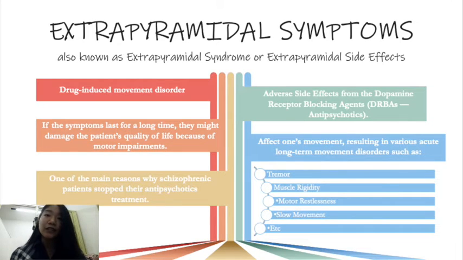The symptoms could result in various acute and long-term movement disorders such as tremor, muscle rigidity, restlessness, slow movement, etc. If these symptoms last for a long time, they might damage one's quality of life because of motor impairments. It is also one of the main reasons why schizophrenic patients stop their antipsychotic treatment, so they must opt for a different alternative treatment.